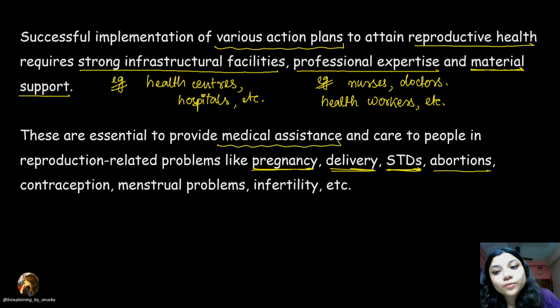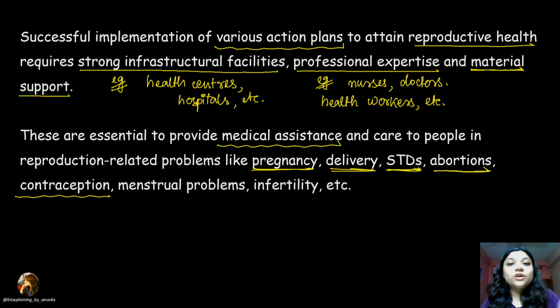Abortion, that is, abortion is not contraception. Somebody can't just get pregnant and then abort saying that I don't want the child. Abortion should be taken very responsibly. If there is a disease in the child, if that is found out by some tests, or if it is some kind of sex abuse that has led to the pregnancy, only in those cases.